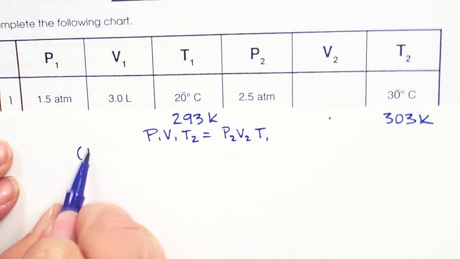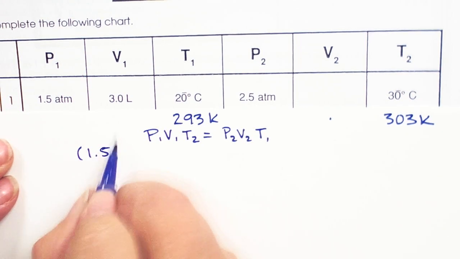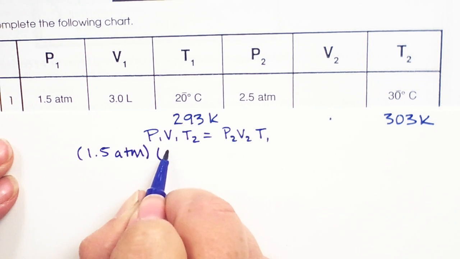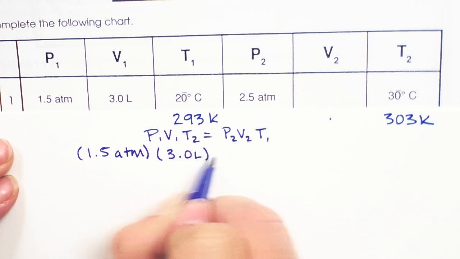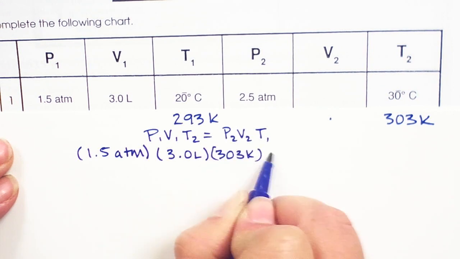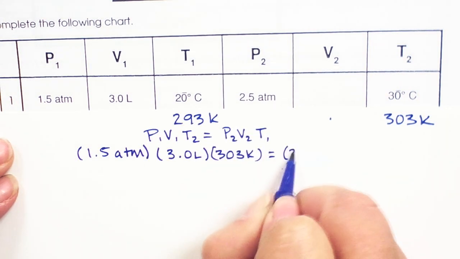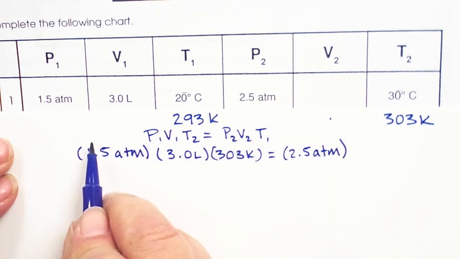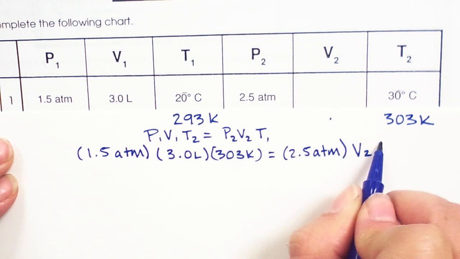So 1.5 ATM, volume 1, 3.0 liters, T2, 303 Kelvin, equals P2, 2.5 ATM, V2 is what I'm looking for.